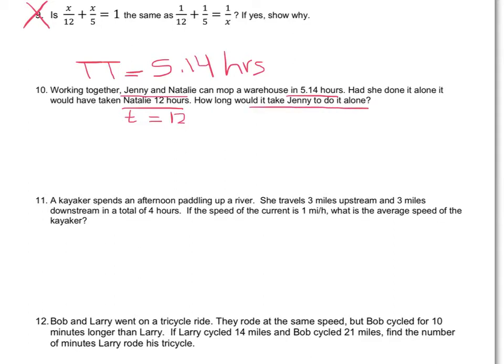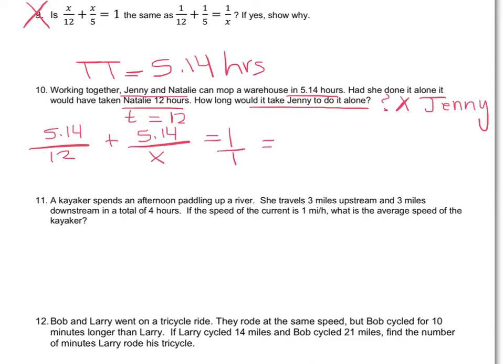How long would it take Jenny to do the work alone? So x would be the time it takes Jenny. So TT over the first person plus TT over the second person is equal to 1. The denominator would be 12 times x times 1, that would be 12x.